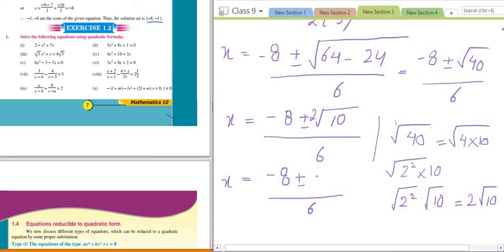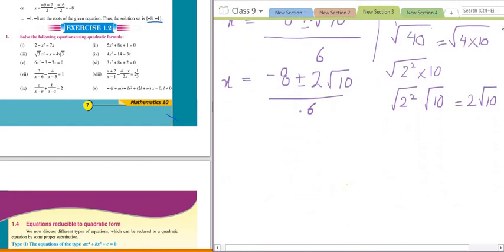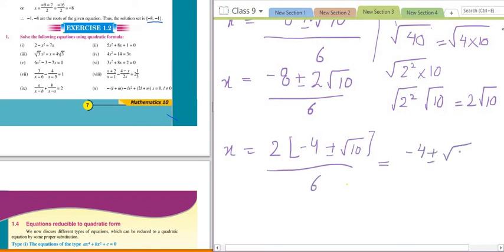Now this becomes minus 8 plus minus 2 square root 10. Take 2 common. This becomes minus 4 plus minus square root 10 divided by 6, which is equal to minus 4 plus minus square root 10 divided by 3.